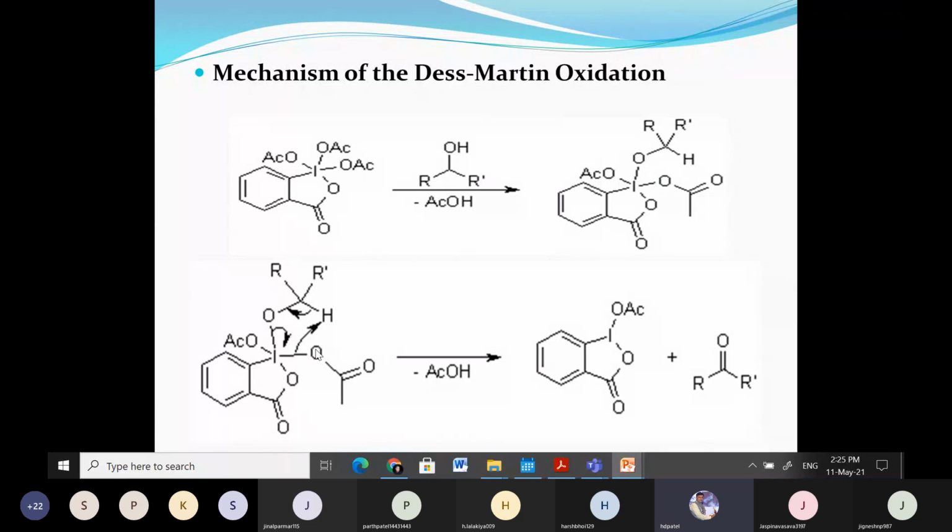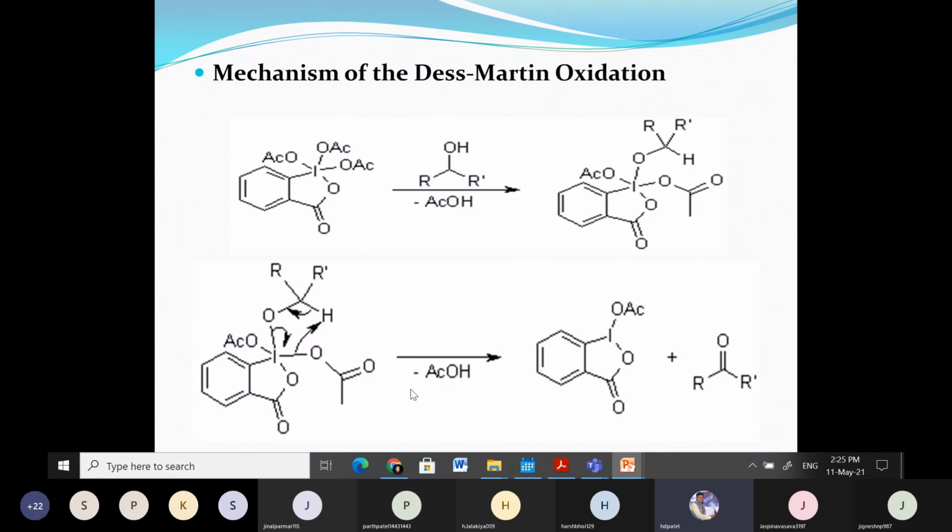Second thing, next to this hydrogen there is an oxygen which has a lone pair of electrons. So an attraction between the oxygen and the hydrogen takes place, and as a result this oxygen will give electrons to the hydrogen, and ultimately this hydrogen will be removed as H plus and finally it will convert into CH3C double bond OH.